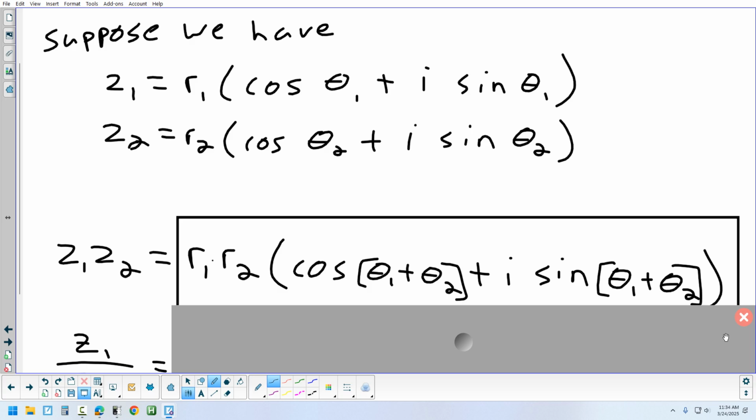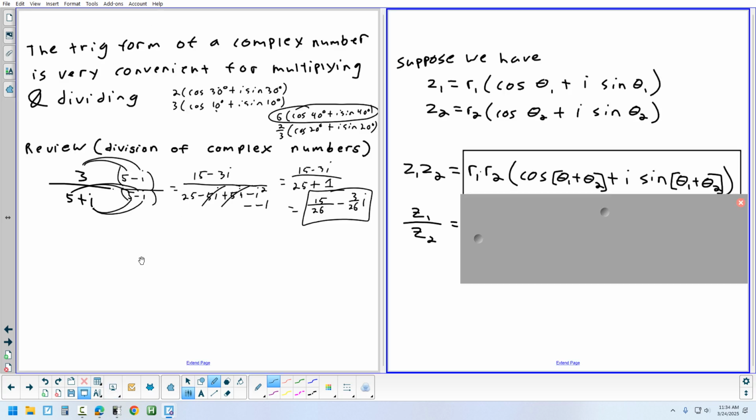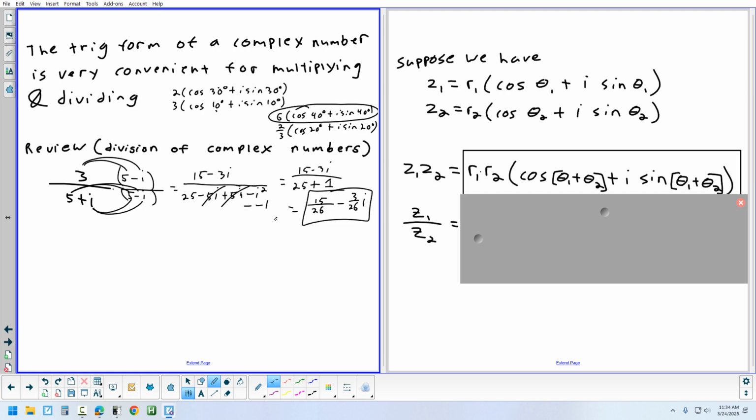And now the division, that's what we did in this problem. You had to find the conjugate, multiply the top and the bottom, FOIL it all out, deal with the i-squared, combine like terms, and then write it as two separate fractions. There's a lot of steps there. How did I get this from the example I gave you right there?